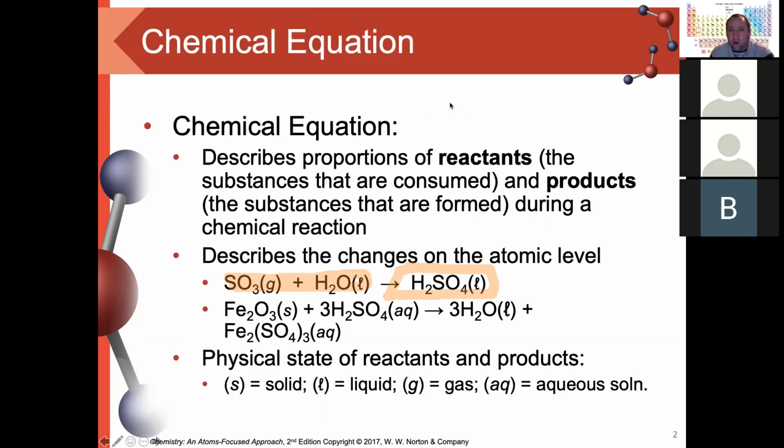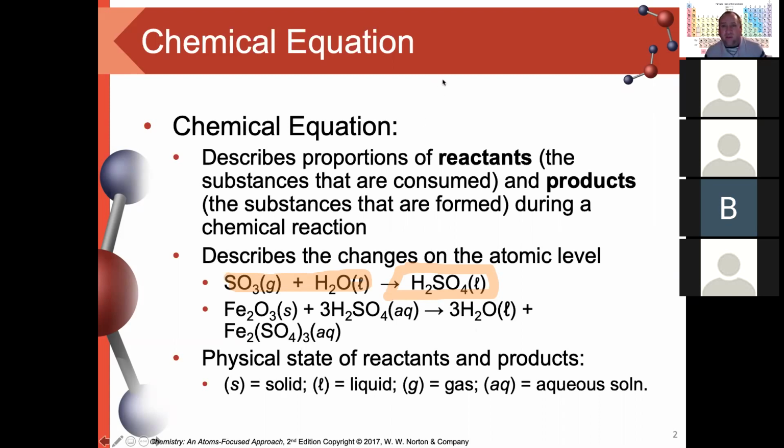And furthermore, if I saw a reaction between iron 3 oxide and sulfuric acid, the reaction I would get there would create water and, excuse me, iron 3 sulfate. So we can see that rearrangements are occurring. Things are happening at the atomic level that are allowing these reactions to occur and rearrange themselves accordingly.